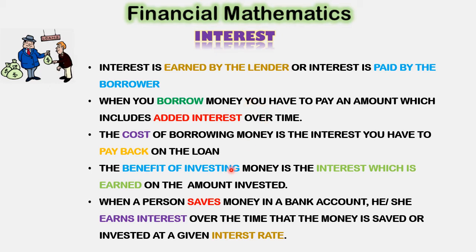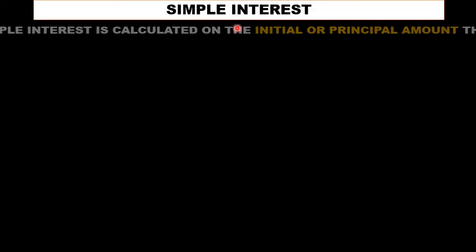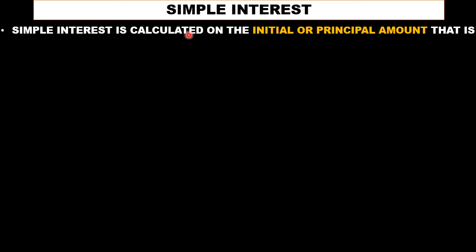Now, let's take it down further and look at simple interest. Simple interest is calculated on the initial or principal amount that is invested or borrowed. Let me explain this further. We are adding interest at a rate on top of the money that you are saving.